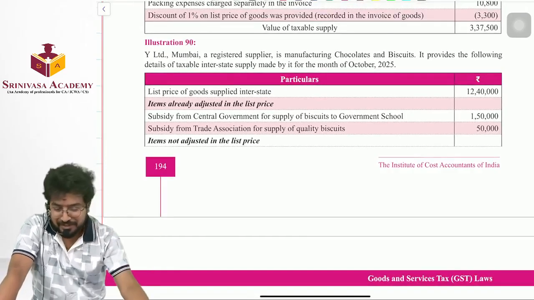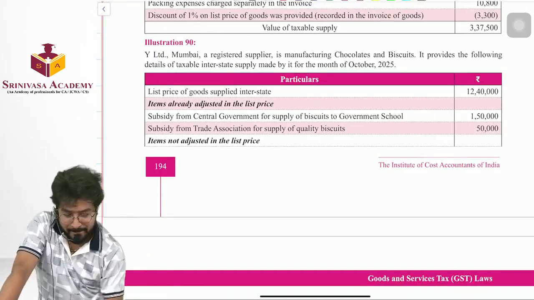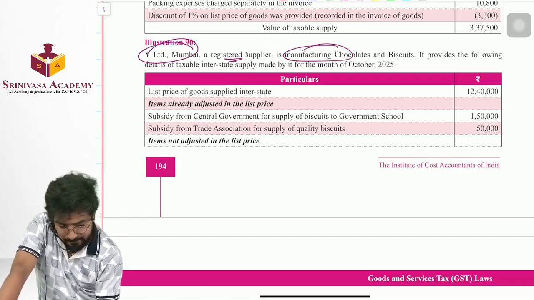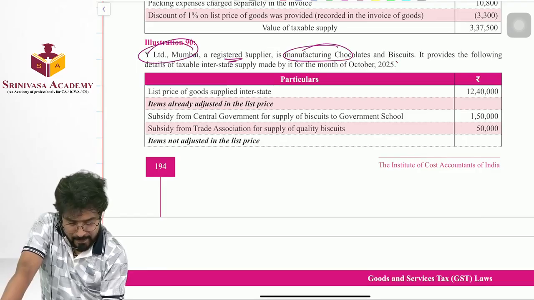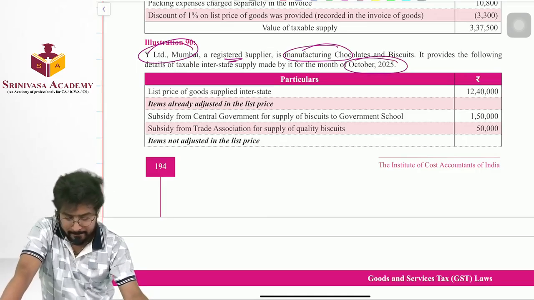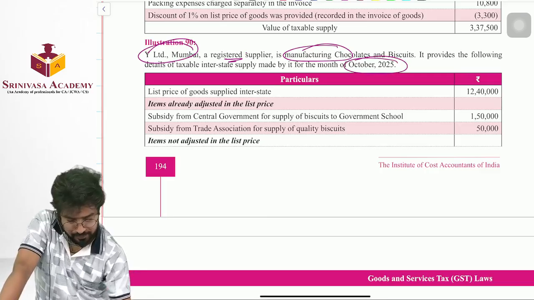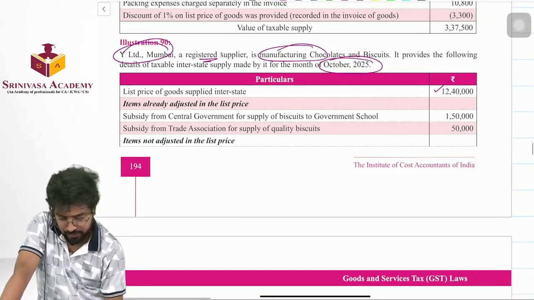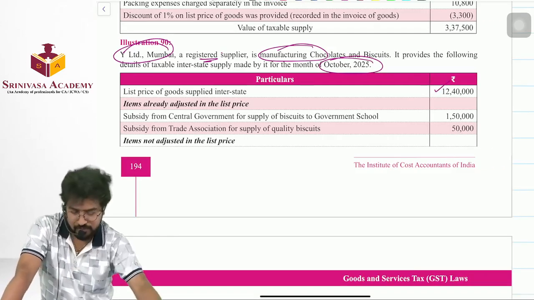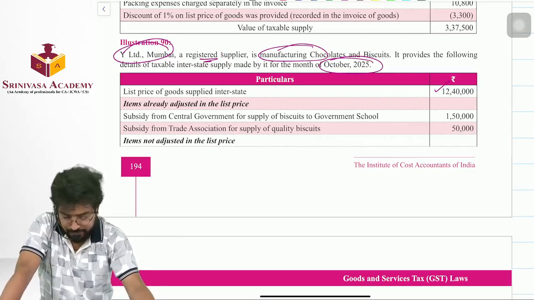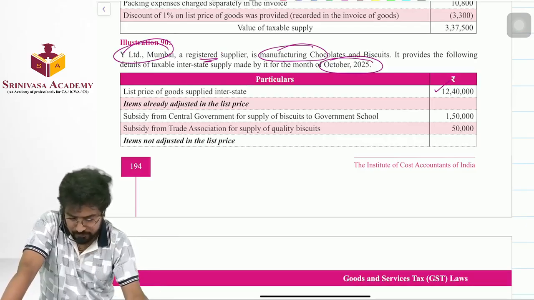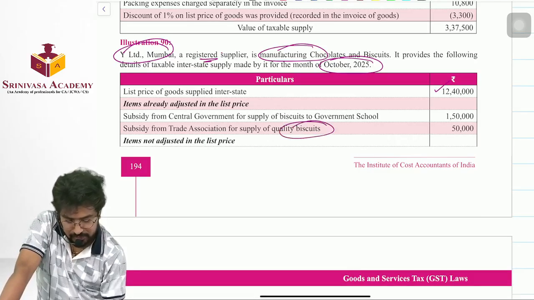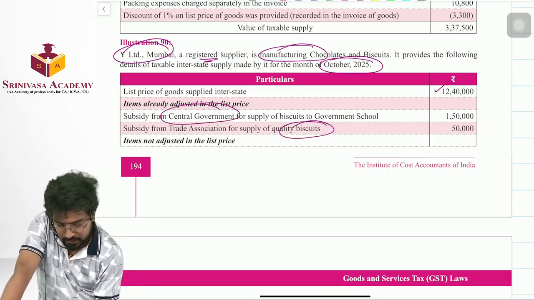Okay. Why Limited Mumbai? This is from other than central government, state government. This is central government.